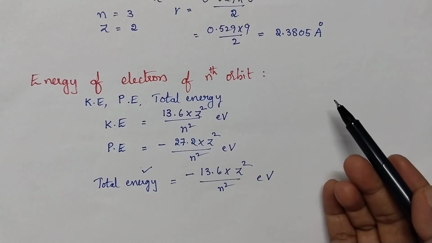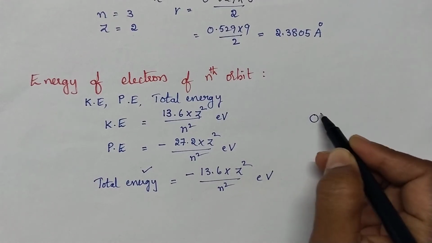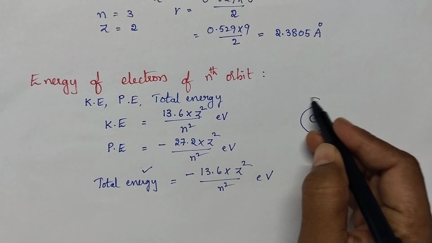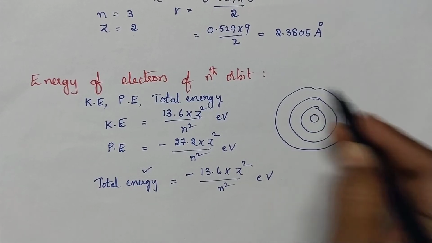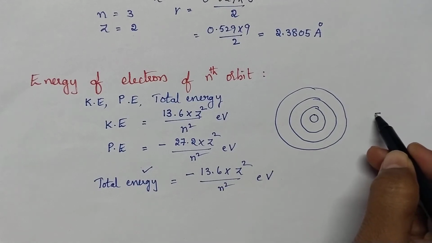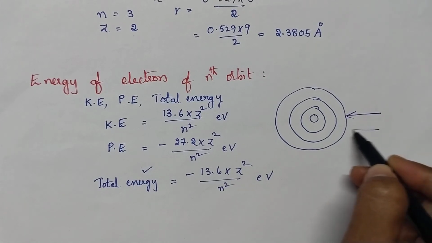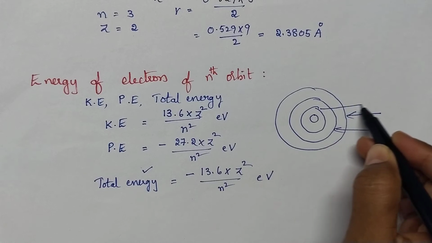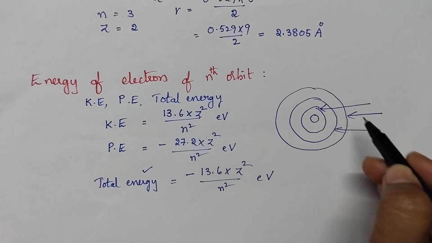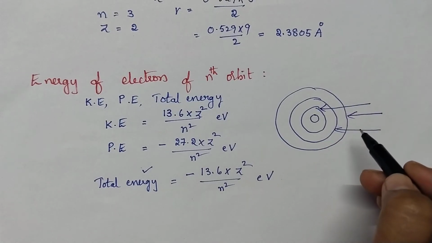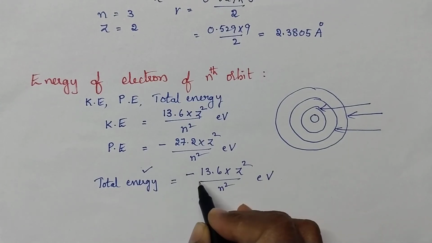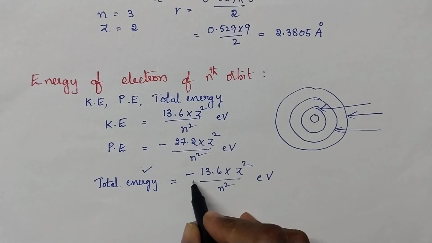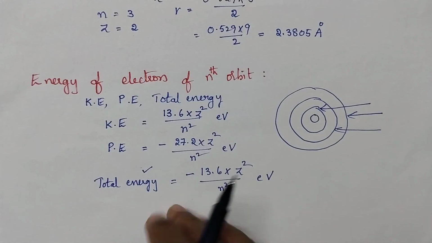So when an electron jumps from higher orbit to the lower orbit, what happens, students? When an electron jumps from infinite orbit to the third orbit or second orbit or even to the first orbit, the energy will be emitted and hence the total energy of the electron will be given with the negative sign. Is it clear, students?